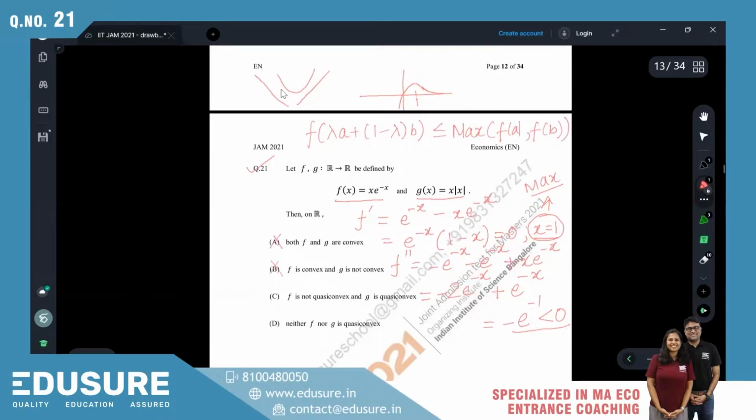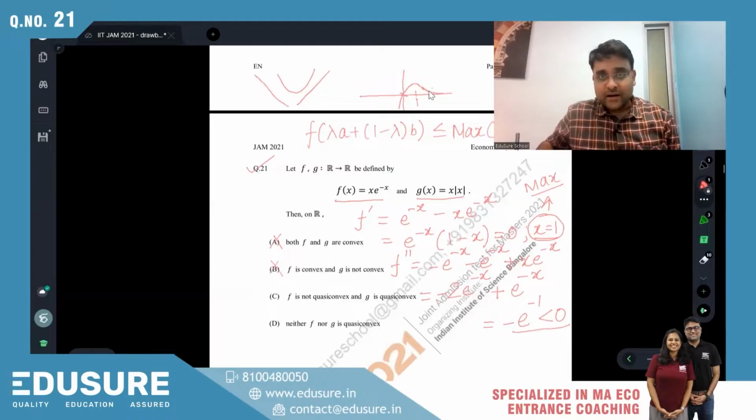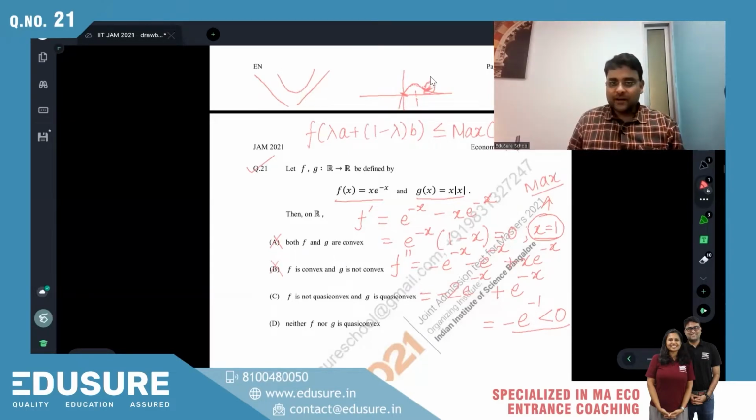So now if I take a value here and a value here, all the values in the middle should be less than the higher value of this point and this point, which is not true. Because max of this and this is supposing this value. Are all the values less than this value? Answer is no. So it is not quasi-convex.